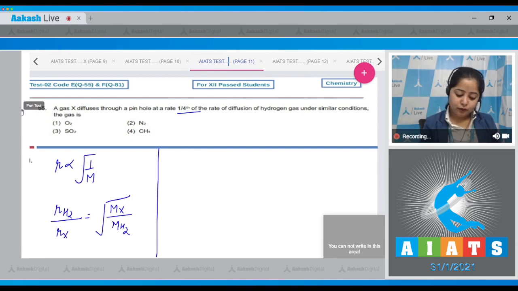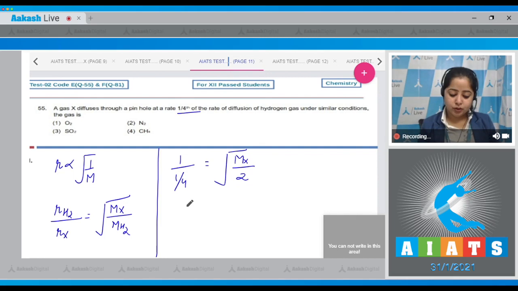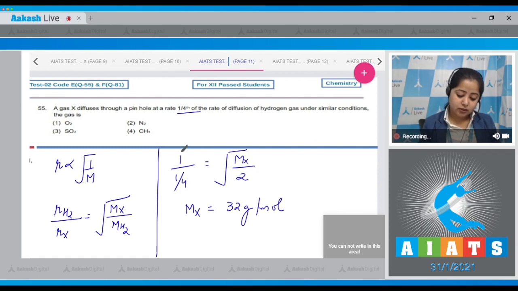So if the rate of diffusion of H2 is 1, it will be 1 upon 4, under root of molar mass of X upon 2. So students, it is very clear that the molar mass of X will be 32 gram per mole. So the only gas here which has a molar mass 32 is O2. So the correct answer is option number 1.